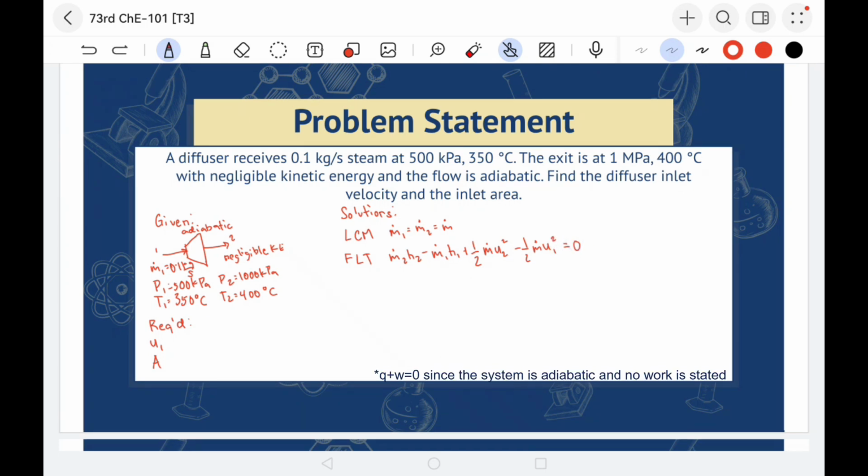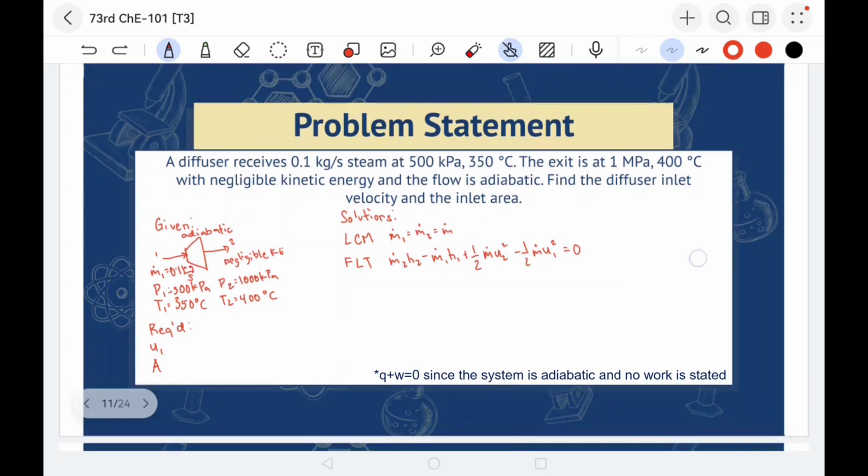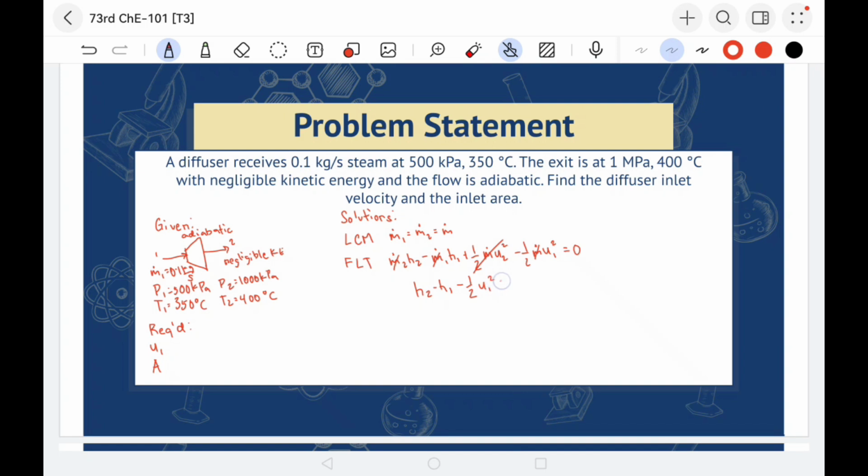Since it is stated in the problem that the kinetic energy is negligible, we can cancel out the third term. And also, since all the masses are equivalent, we can remove the mass from the equation to get h2 minus h1 minus 1 half u1 squared equals 0.